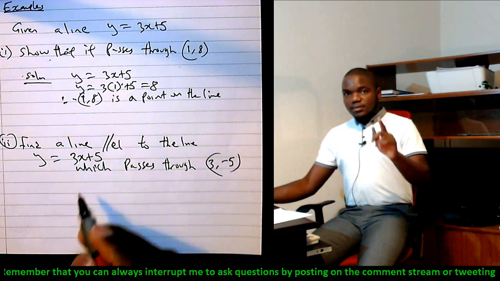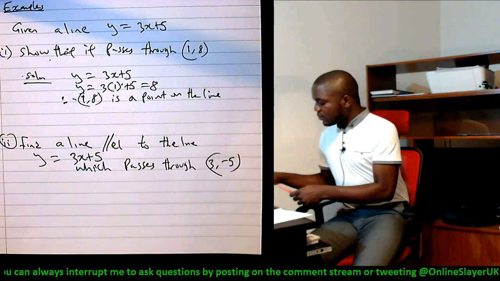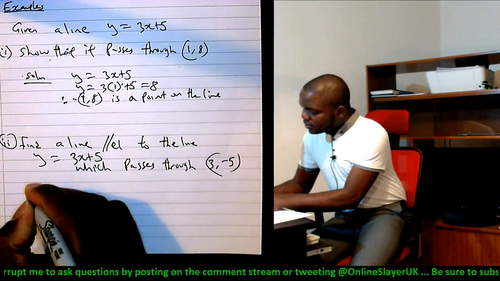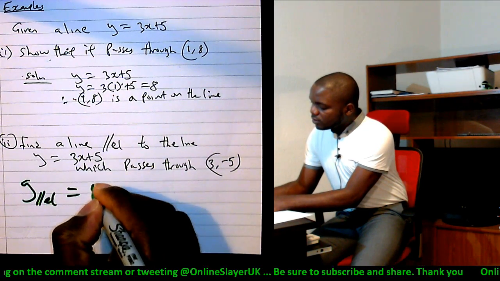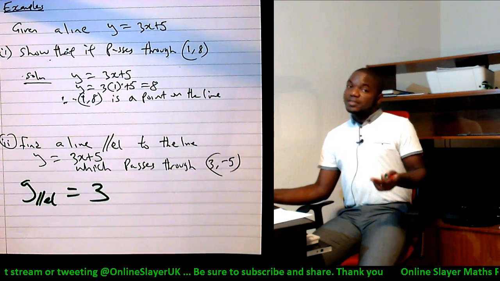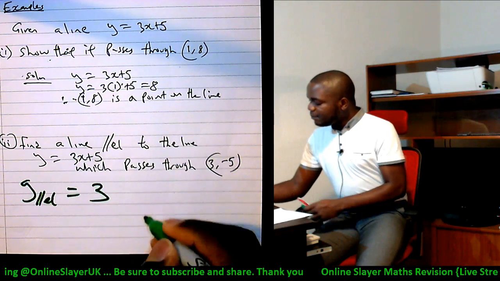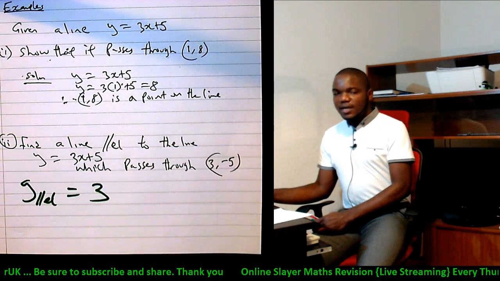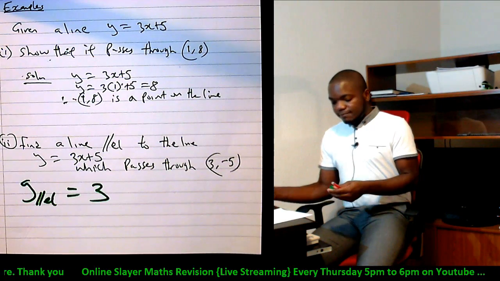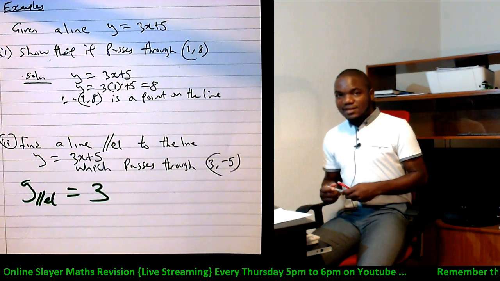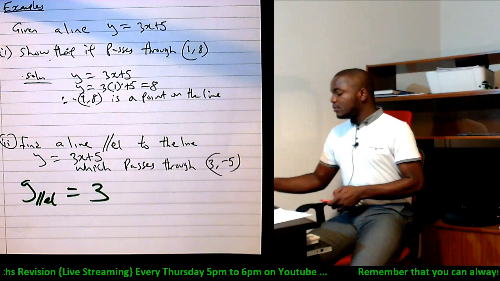Take note, take note. The gradient of the parallel line is therefore equal to 3 because they are parallel, and it passes through the point (3, -5). So what is the formula for getting the equation of a line? I know I didn't say this before, but I left it for this moment.